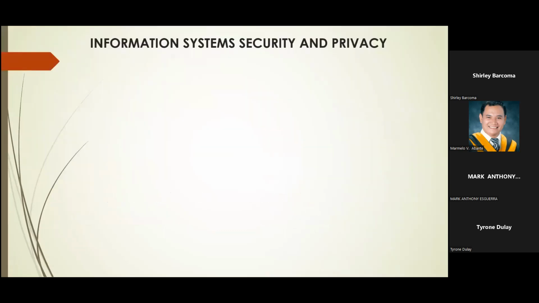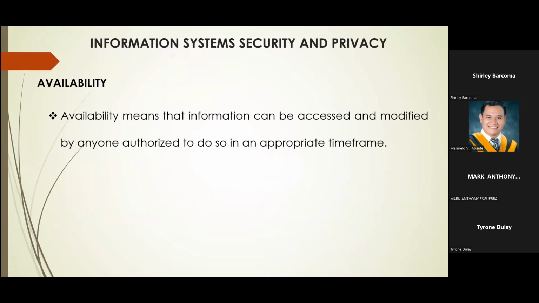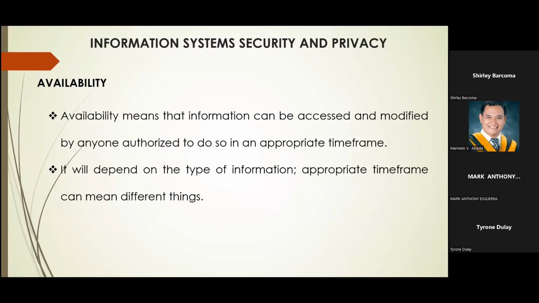Next is availability. When we say availability, it means that information can be accessed and modified by anyone authorized to do so in an appropriate time frame. Depending on the type of information, an appropriate time frame can mean different things.